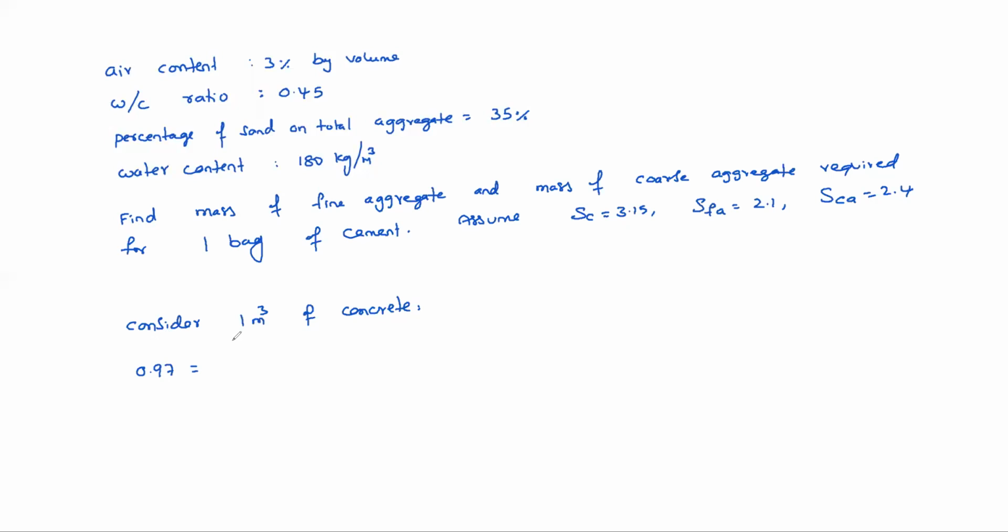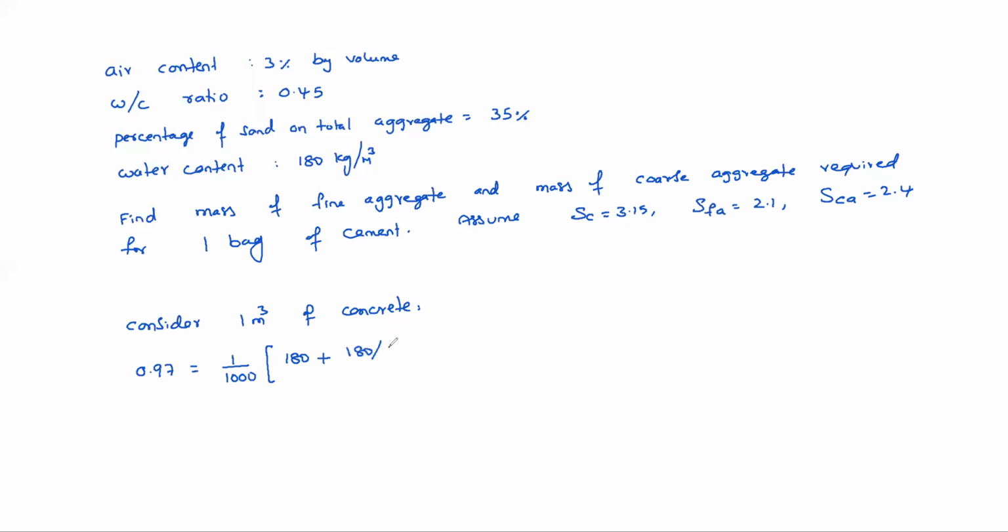So 0.97 equals 1 by 1000, 1000 is the density of water. So what is water content? Water content is how many kg? 180 kg. So cement, see, water cement ratio is 0.45. So how much cement? 180 by 0.45, right?